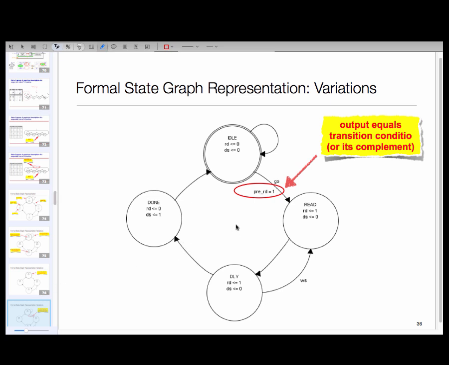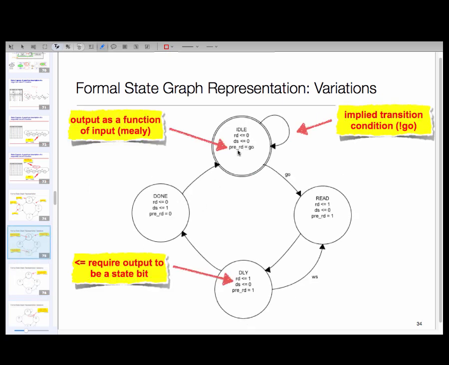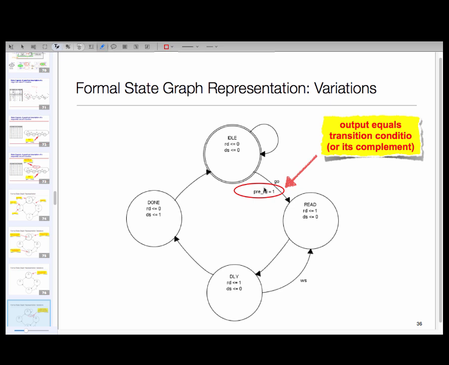Final one, if you look previously, a couple of slides back, we were putting pre-RD equal to go. Instead of writing it like this, you can actually write pre-RD equal to 1 on this transition. This transition is taken when go is true.